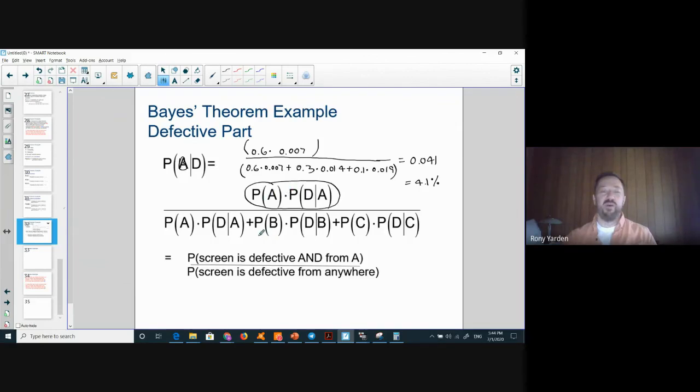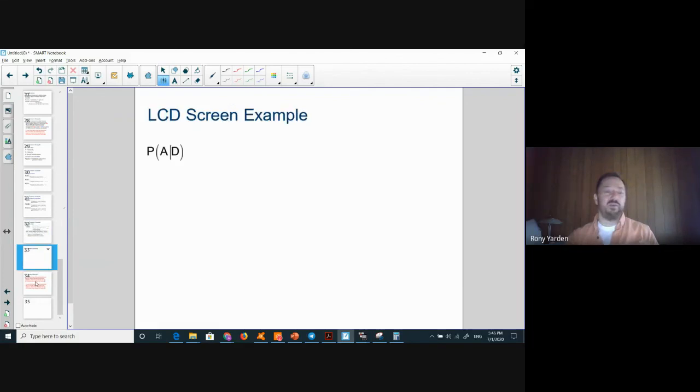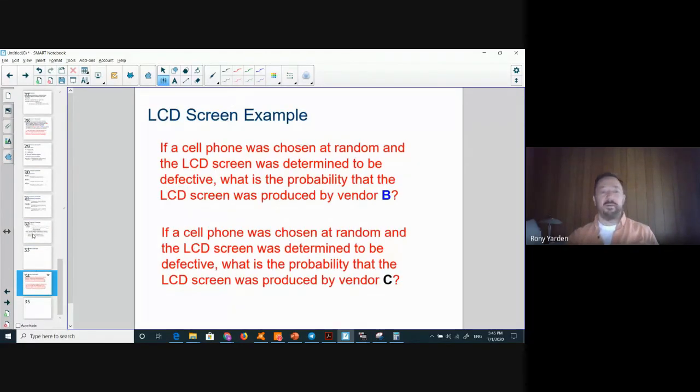And if the answer is C, then this will be your numerator. The denominator doesn't change. The denominator remains the same for all three, A, B, and C. So this is for A, we did that. This is the numerator for B, and this is the numerator for C instead of this term here. So that's it. You can try and calculate it yourselves.